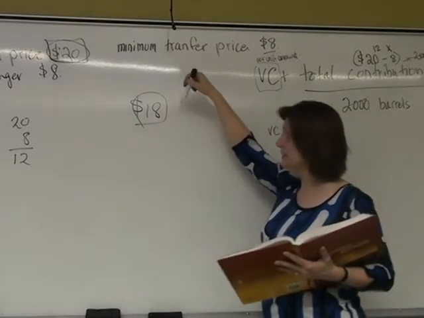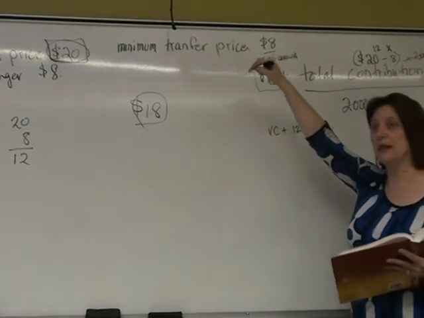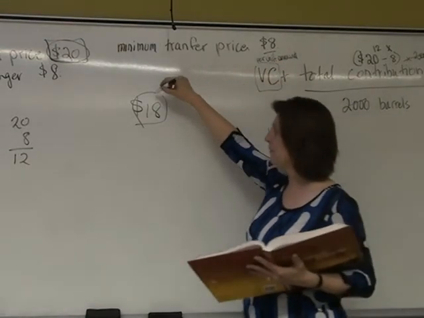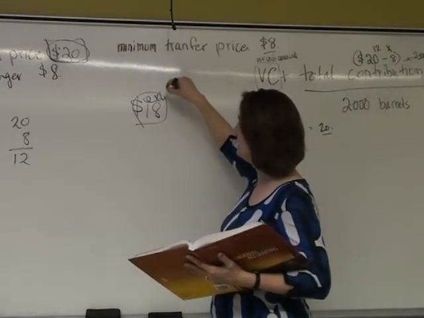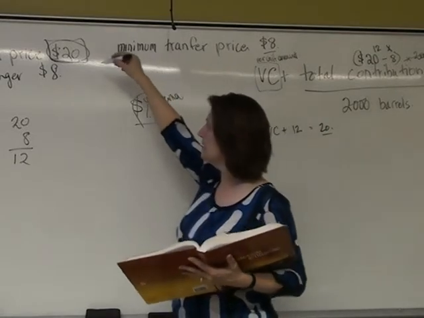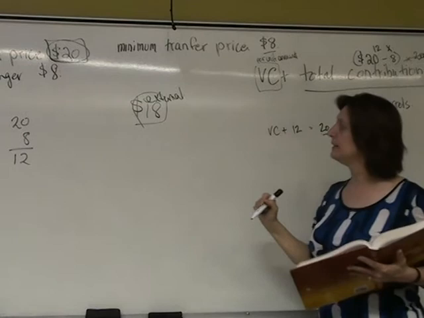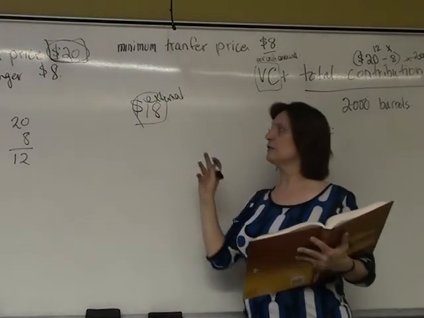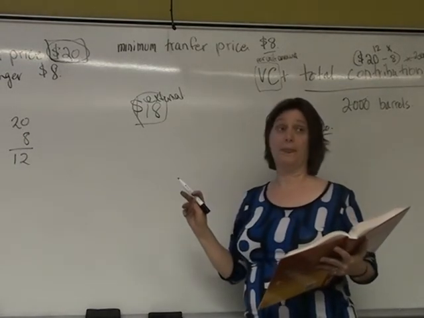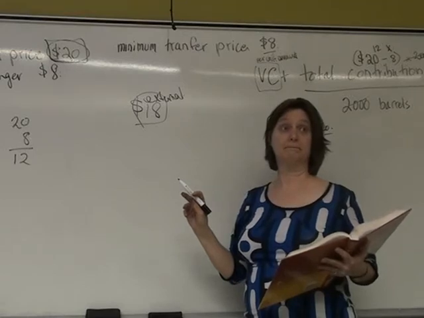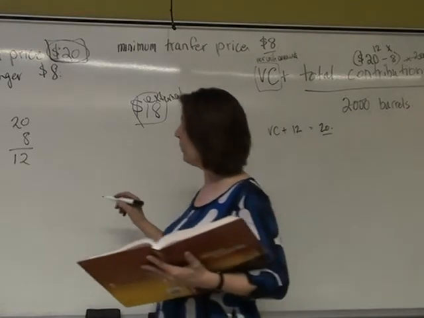However, this is the actual instance that Tammy was talking about. If they can buy it externally for 18 and these guys can sell it for 20, is the company ahead if they make the transfer? No. Well, it depends.